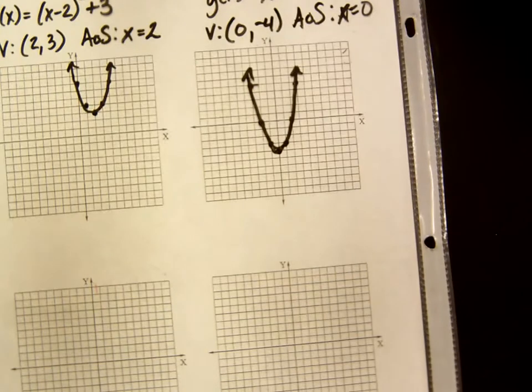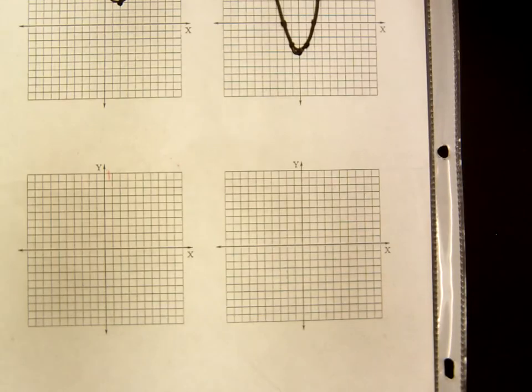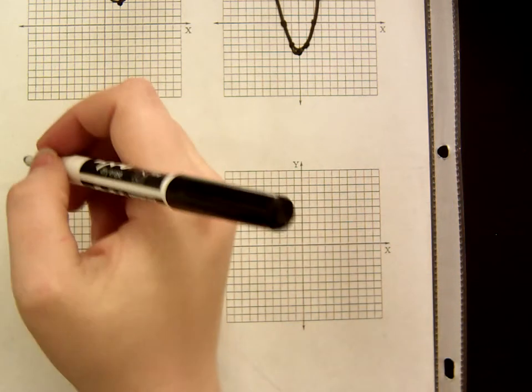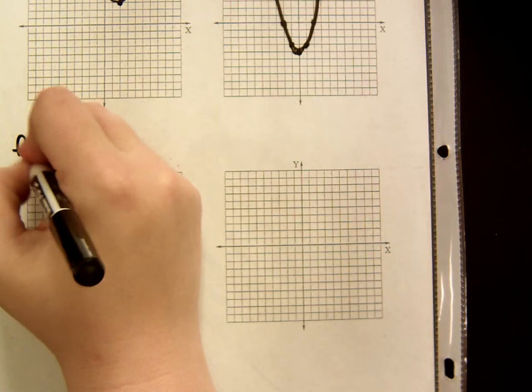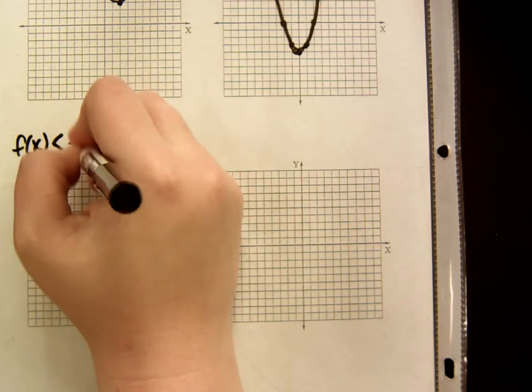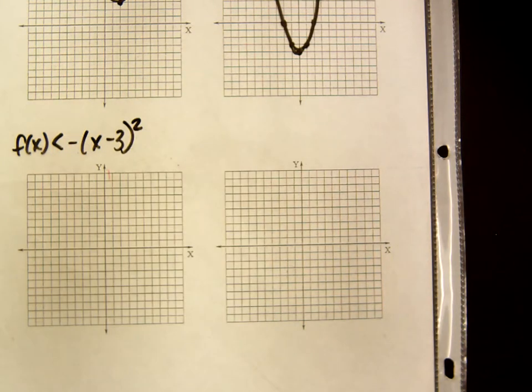This also works for inequalities. So let's take f of x less than negative x minus 3 squared. Okay.